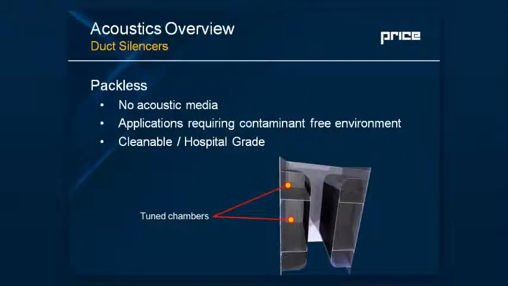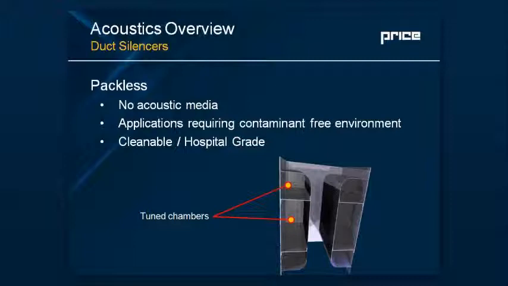The other option is to go packless, and this is especially true when you're dealing with applications that might involve labs or the need to be able to clean the silencers, so maybe for some kitchen exhaust applications or fume hoods. With these, there's no acoustic media, and you're not getting the same level of performance as you would with a normal silencer.